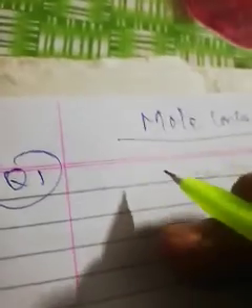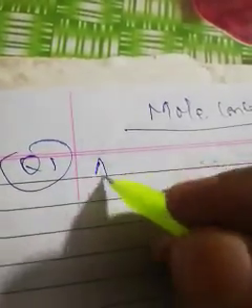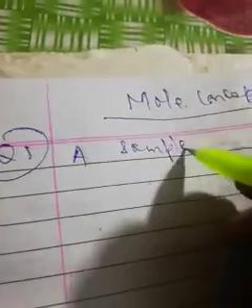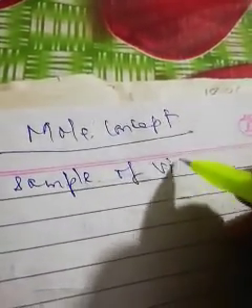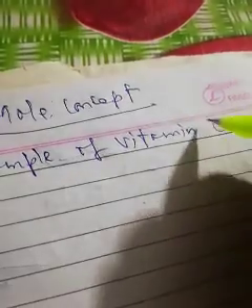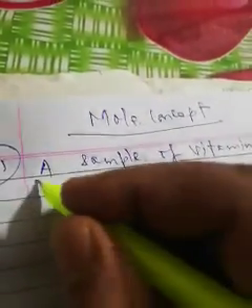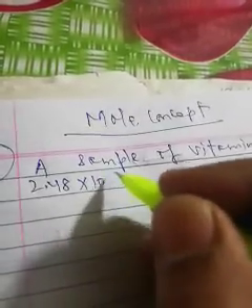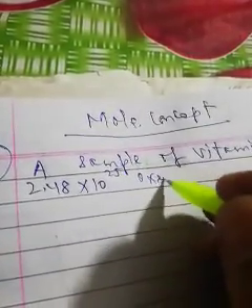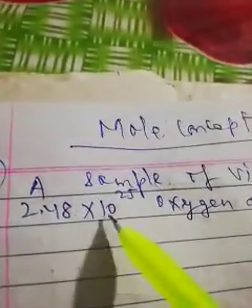First question. A sample of vitamin C contains 2.48 into 10 to the power 25 oxygen atoms.